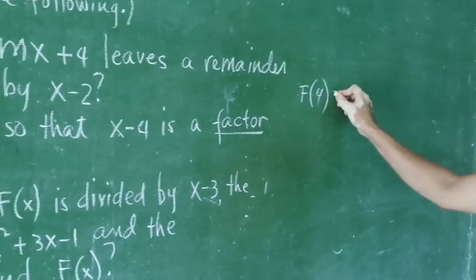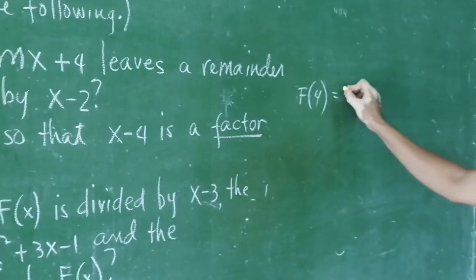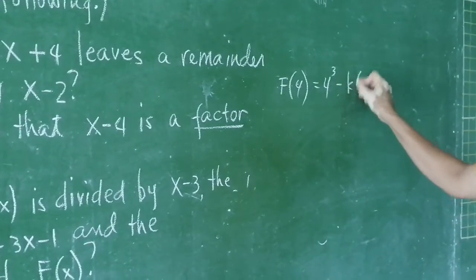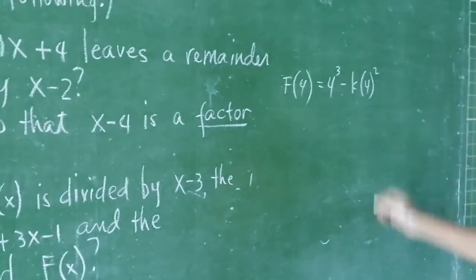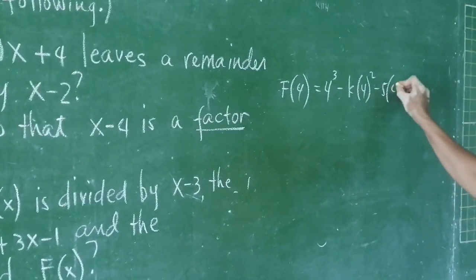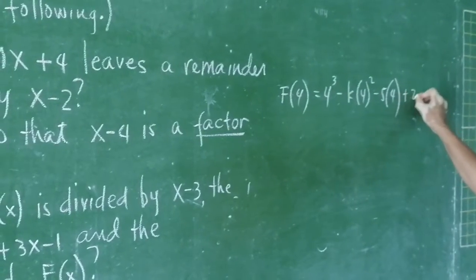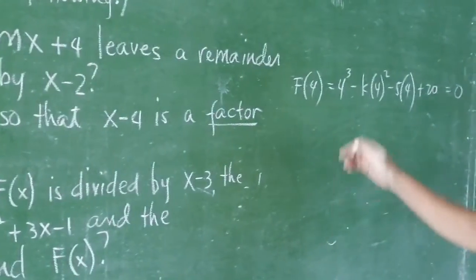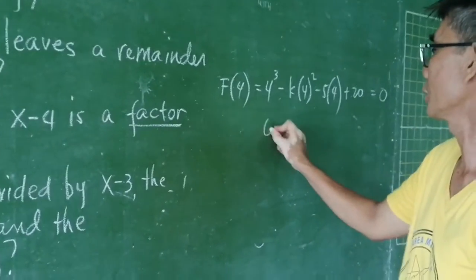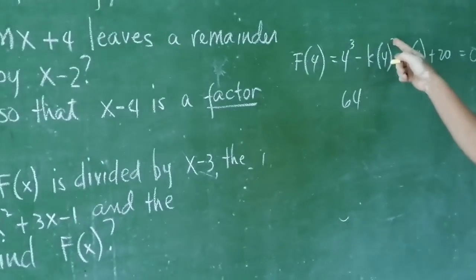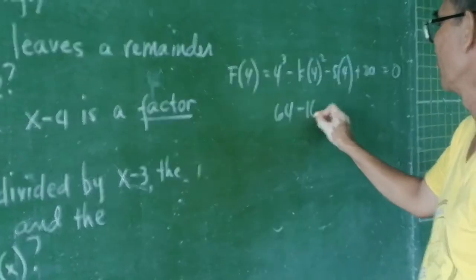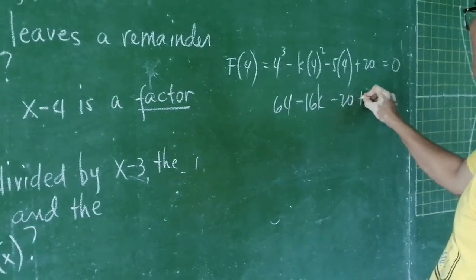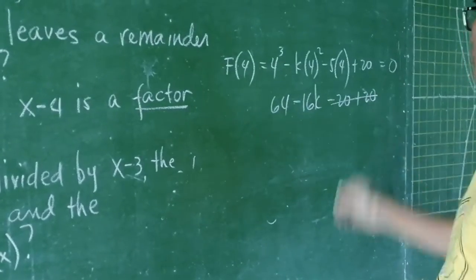So that will be x cubed is 4 raised to 3 minus k times 4 squared minus 5 times 4 plus 20. Take note, if it is a factor, it must be 0. So we evaluate this, it will be 64. That will be 16k. That will be negative 20 plus 20. So you can cancel that because it will be 0.